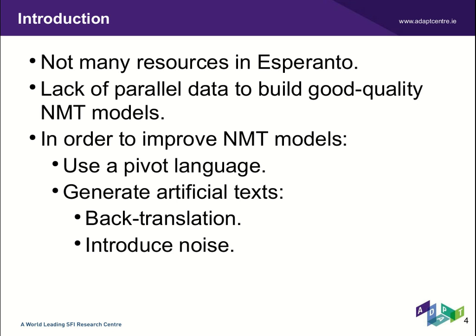Another approach could be to generate artificial text. A popular approach for building this artificial parallel data would be to use back translation, where the sentence in the target side in Esperanto would be translated into English, and then this sentence could be paired to augment the training data. However, in order to create the back translated sentences, we need an NLP model.